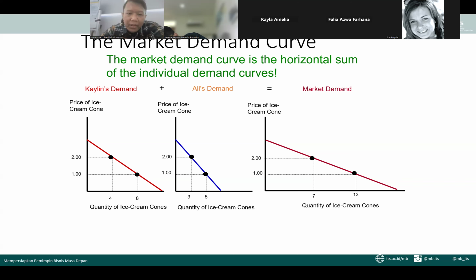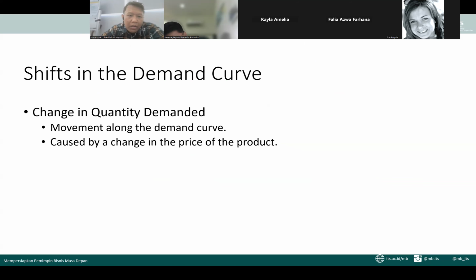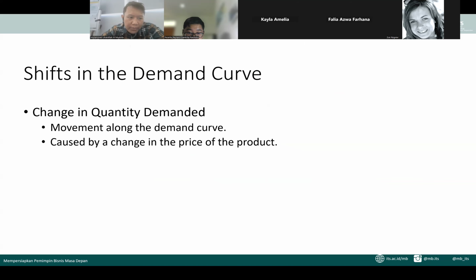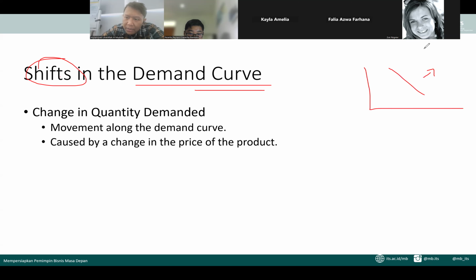All right, guys, you need to know that we have a lot of things which shift the demand curve. So let us learn about what things shift the demand curve. It could be shifting to the right, or it could be shifting to the left.